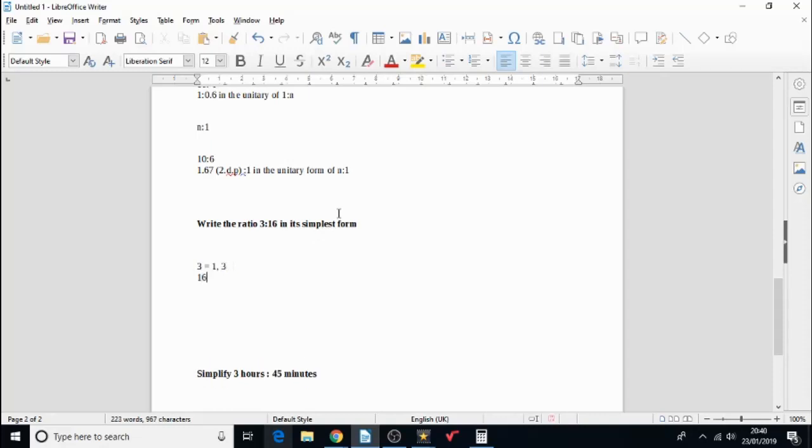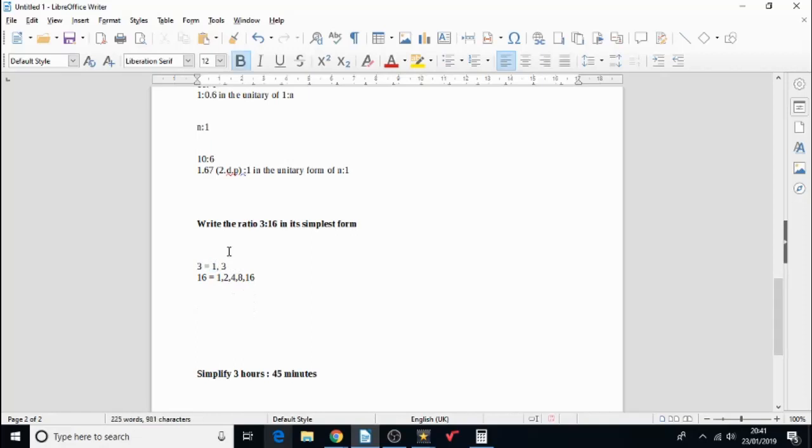Apologies for that. And for 16, it's 1, 2, 4, 8, and 16. So as you can see, 1 is the highest common factor, so that's what you divide by.